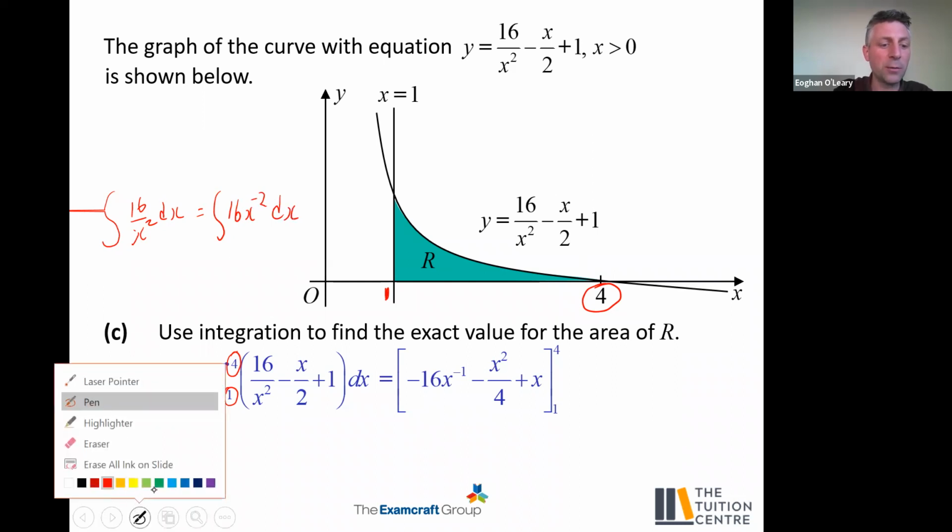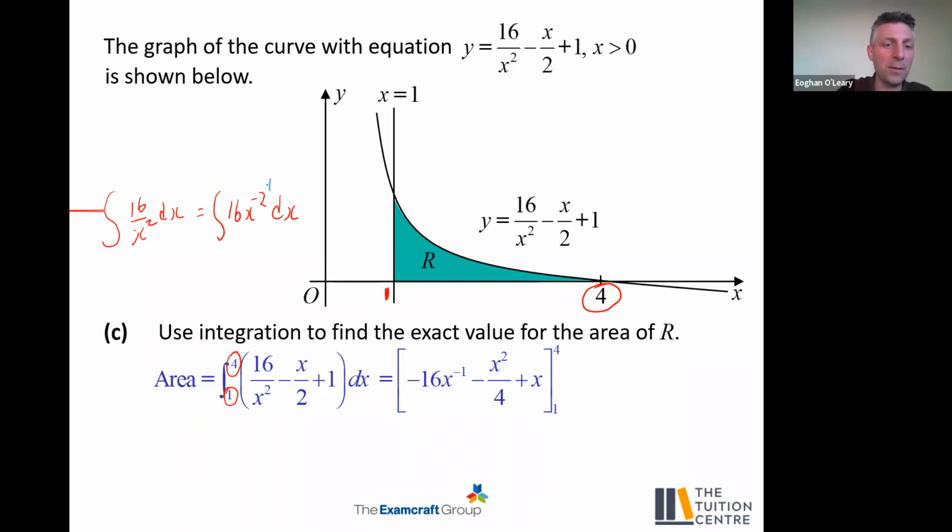So our rule for integration, of course, is that we add 1 to the power and divide by the new power. So when you add 1 to minus 2, you get minus 1. You divide by the new power. So you're going to have 16x to the power minus 1 divided by minus 1. And that's what we get here. So we end up with minus 16x to the power minus 1.